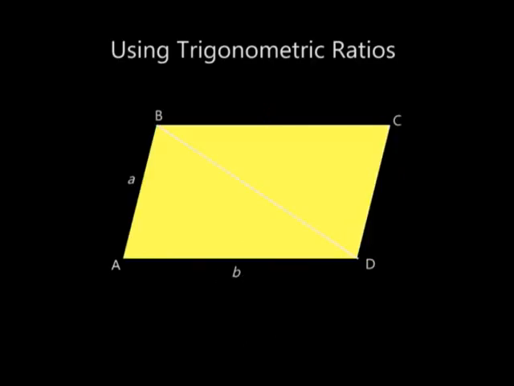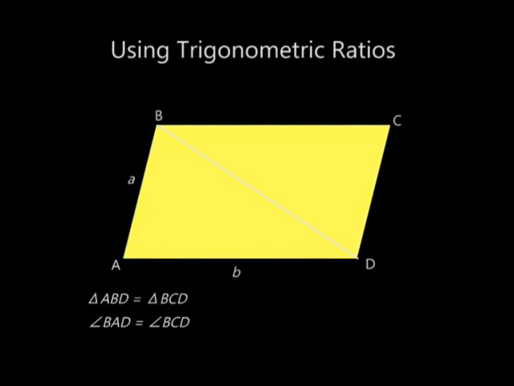Finding the area of a parallelogram using trigonometric ratios. Now, sometimes the perpendicular height of a parallelogram is not given. In such cases, we apply the trigonometric ratios. In this figure, the diagonal BD divides the parallelogram ABCD such that triangle ABD is equal to triangle BCD. Both triangles have the same area since angle BAD and angle BCD are equal.